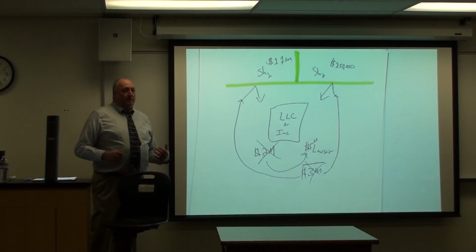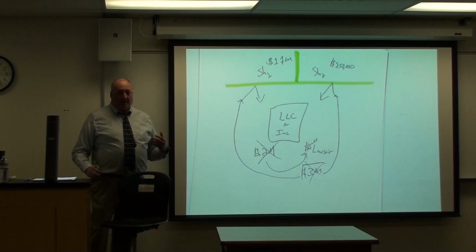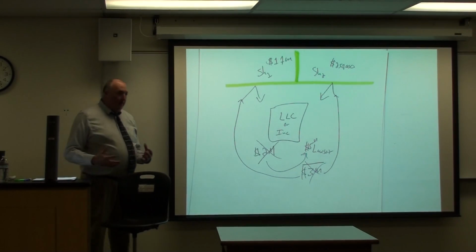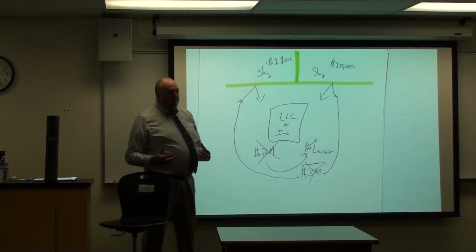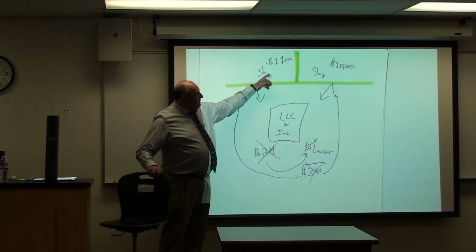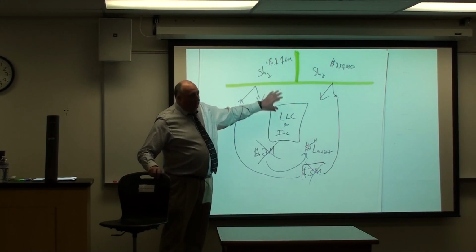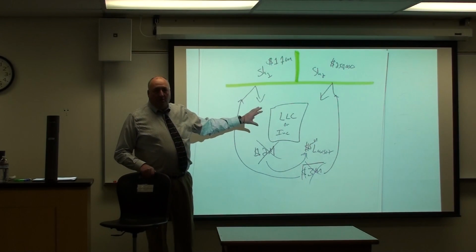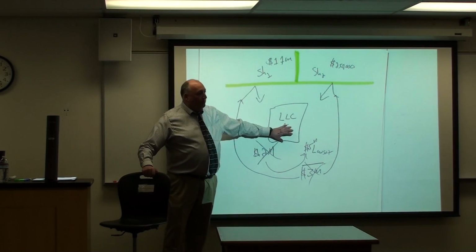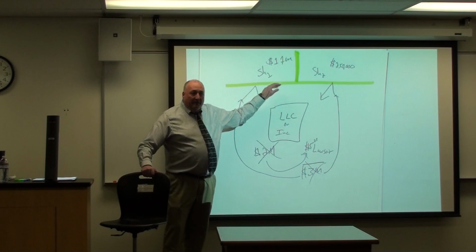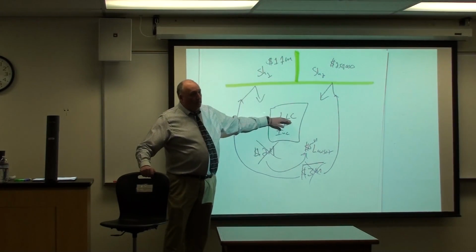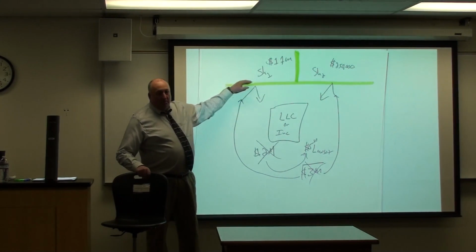Now, I will tell you right now, there are exceptions to this. I'm kind of highly simplifying things. Just kind of a real world look at some of the different exceptions. Number 1, if the shareholders are not keeping adequate books and they're commingling assets, paying personal expenses out of the corporate checking account, not maintaining a real-life separation between personal and corporate, then a judge has the ability to bring down that barrier.